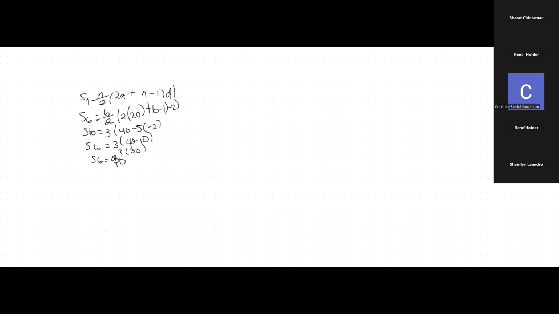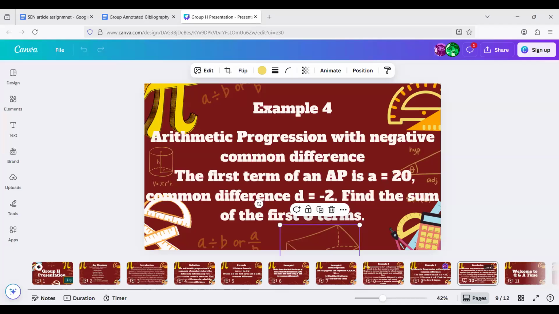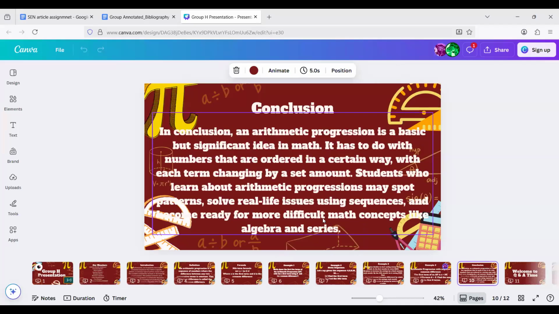So that has brought me to the end of the fourth example. And now we will conclude our presentation. So, in conclusion, an arithmetic progression is a basic but significant idea in maths. It has to do with numbers that are ordered or sequenced in a certain way, with each term changing by a set amount.